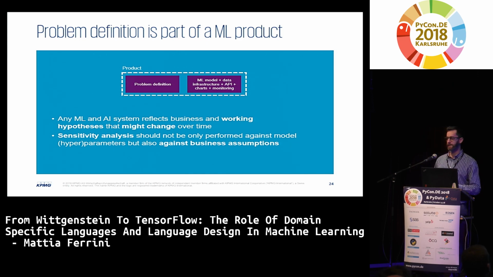And for that, they need to be able to rewrite business and working hypotheses. The other is about sensitivity analysis. Sensitivity analysis is often considered just against the hyperparameters and parameters, but sensitivity analysis should be also performed against business assumptions.